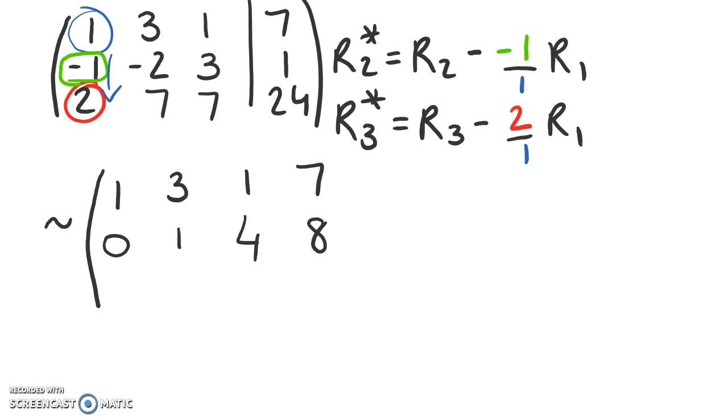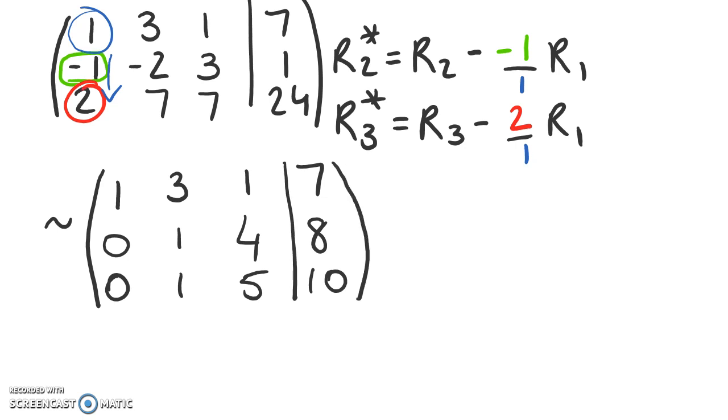So we've got 2 take away 2 times 1, which is 0. 7 take away 2 times 3, which is 1. 7 take away 2 times 1, which is 5. And 24 take away 2 times 7, which is 10. Okay, so we've used the value in the first pivot to zero out the other entries in that column.